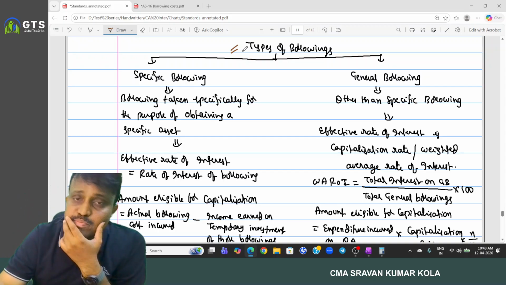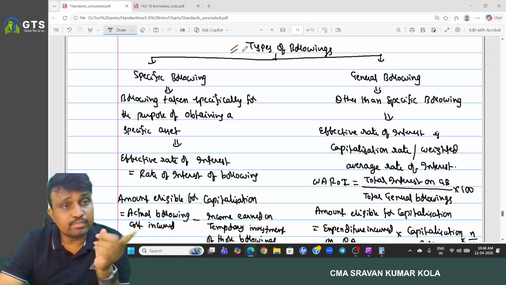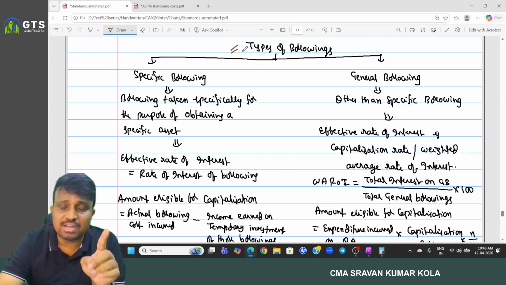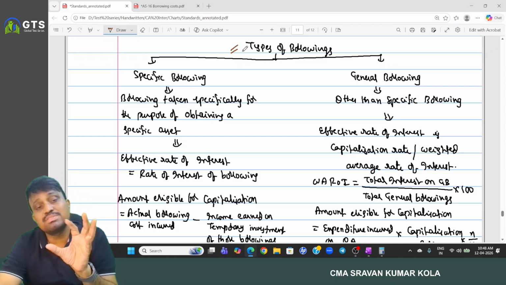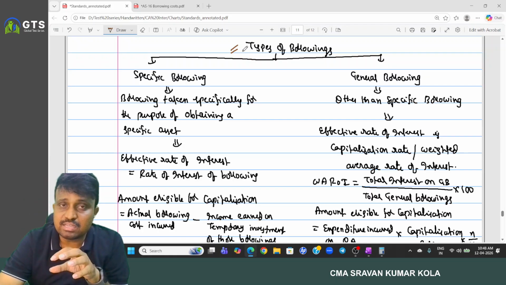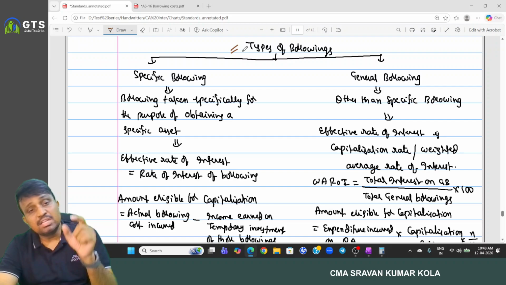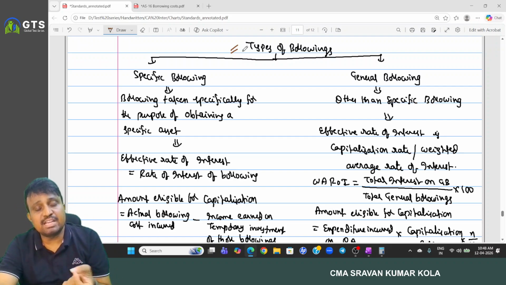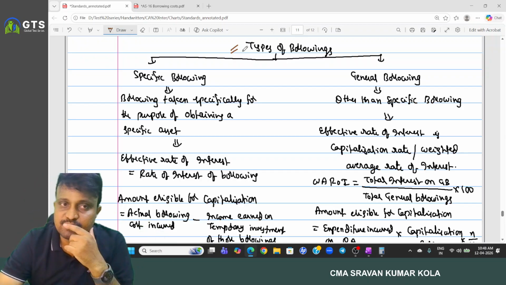In case of specific borrowing, for example, I took a loan from SBI for the purpose of construction or purchase of plant and machinery, which requires some substantial period. That is treated as specific borrowing. And there, the rate specified at the time of obtaining the loan itself is treated as the effective rate of interest in case of specific borrowing.